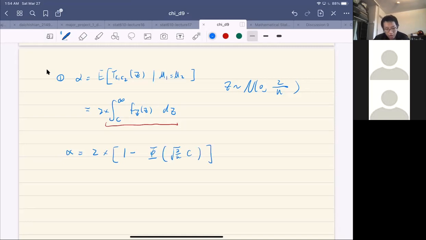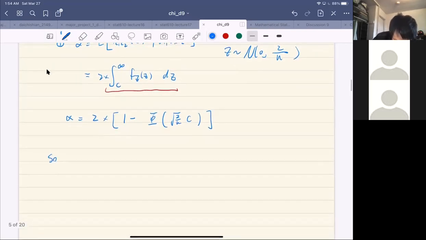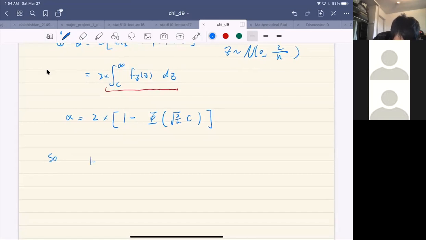Is that true? Yes. So when we solve this, we can get that 1 minus alpha over 2 should be this.